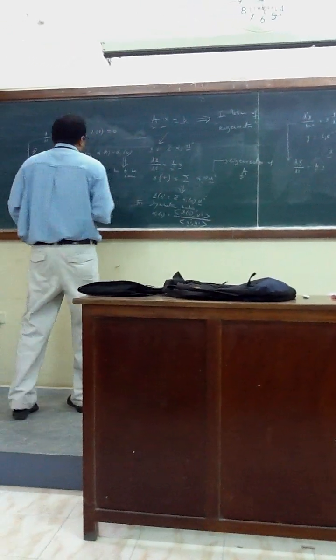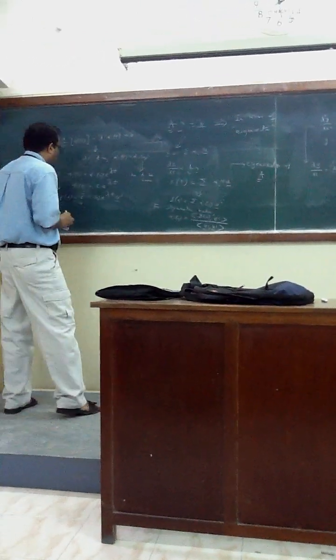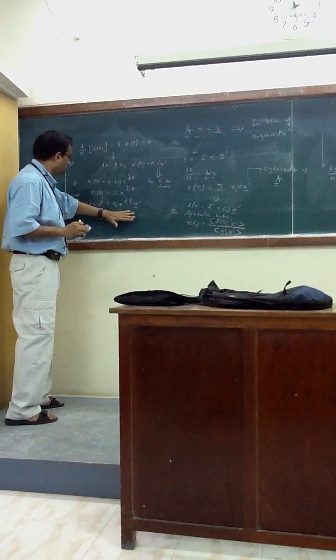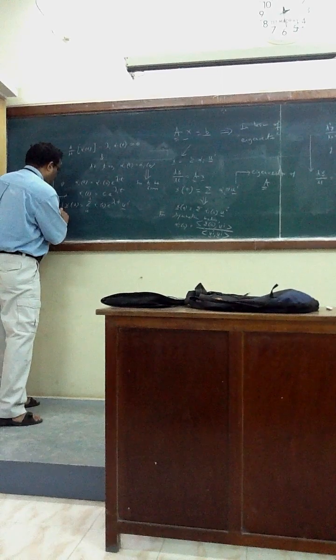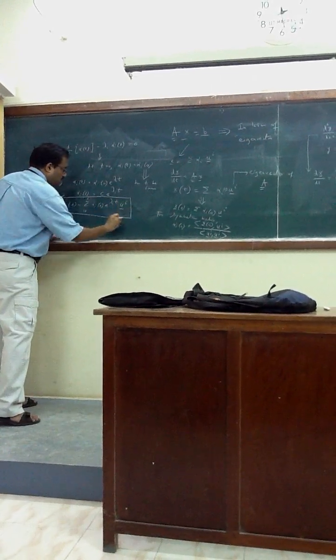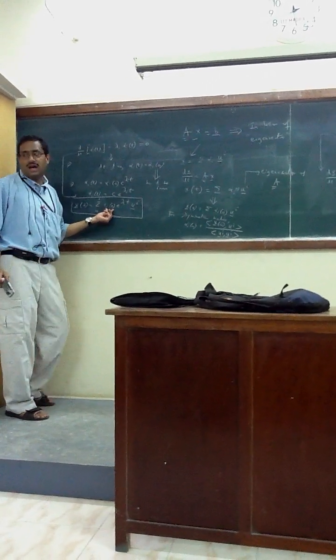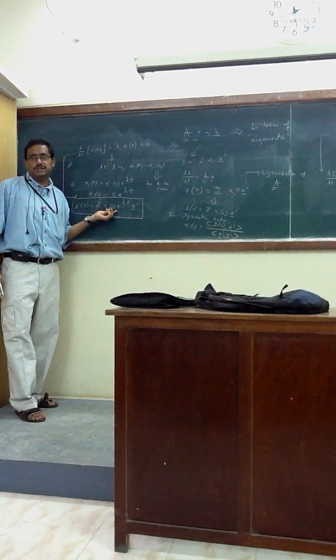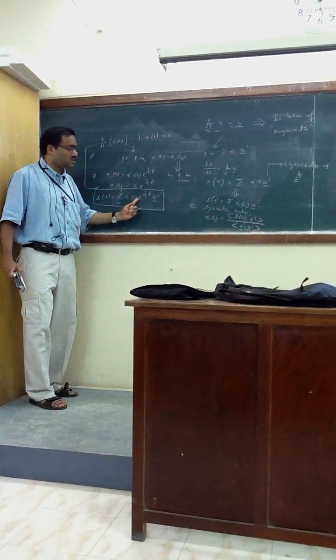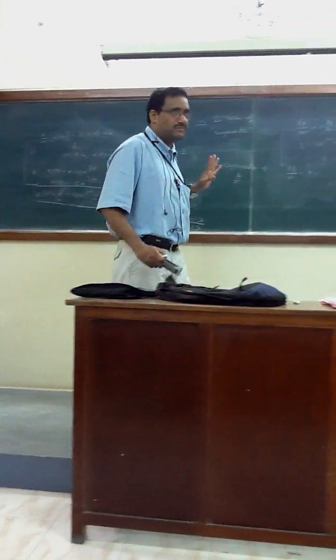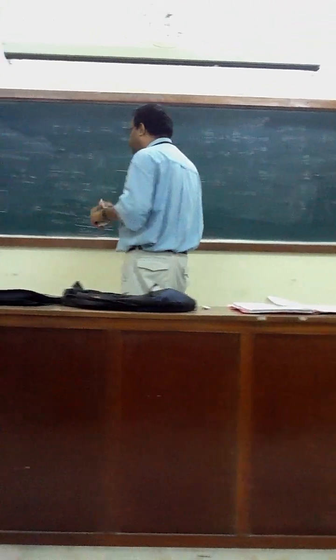So let's look at the non-symmetric case. Up to this, your process is okay. Only how to evaluate alpha i of 0 depends on whether your matrix is symmetric or non-symmetric. It doesn't matter if your operator is symmetric or non-symmetric.